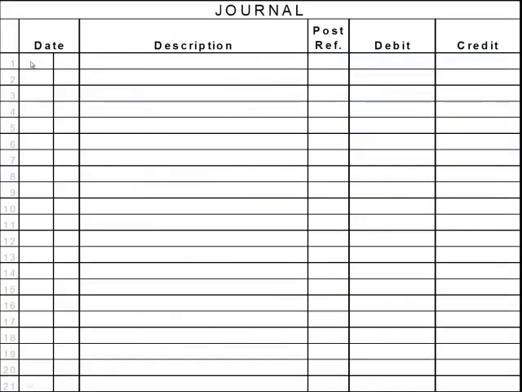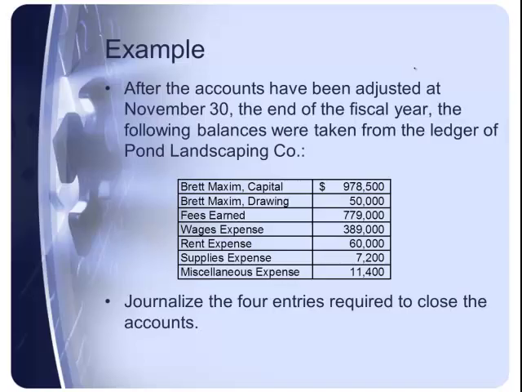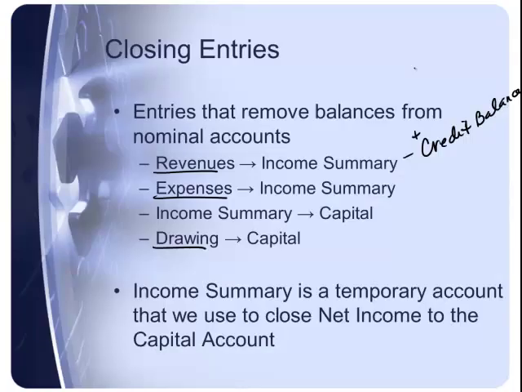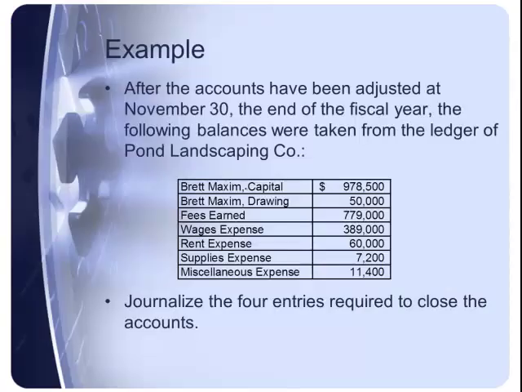Our first journal entry, closing entry, will be a debit to fees earned for $779,000. All right, we close revenues to income summary account. So that's going to be our credit. We're going to shift that $779,000 balance from revenues, shift it into the income summary account.